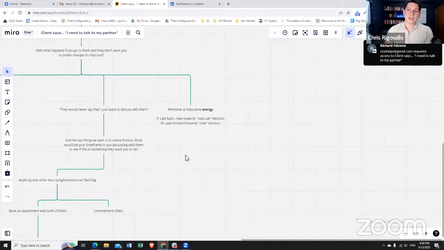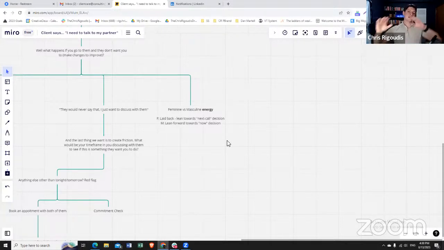The last thing I want to mention is across all fields here, this goes for the entire framework, there is a feminine and a masculine energy aspect to this. And it's not about female or male, it's about the energy that we bring. There are a lot of men who have a lot of feminine energy, and that's perfectly fine. There are a lot of women that have a lot of masculine energy, and that's perfectly fine too.